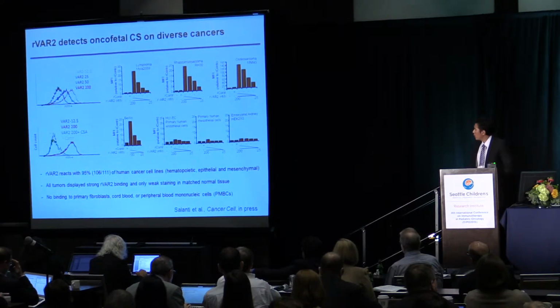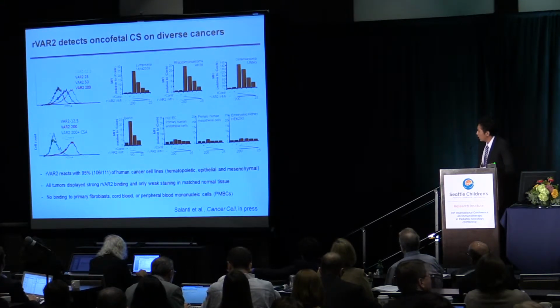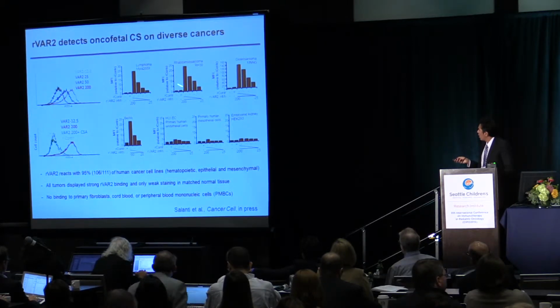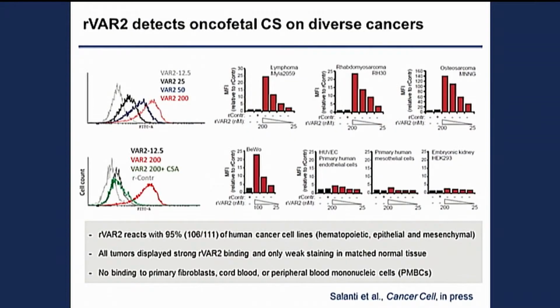We are using this recombinant VAR2 protein to detect cancer cell binding, and we have seen strong binding with lymphoma, osteosarcoma, and rhabdomyosarcoma, and this is dose-dependent in nature.